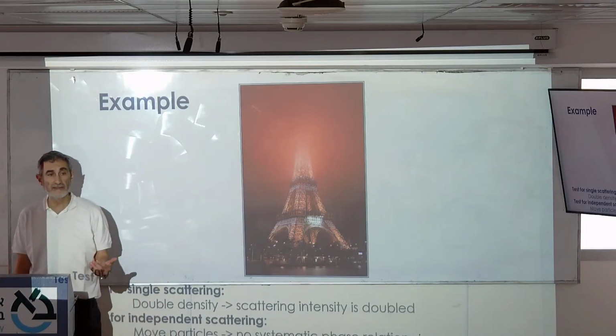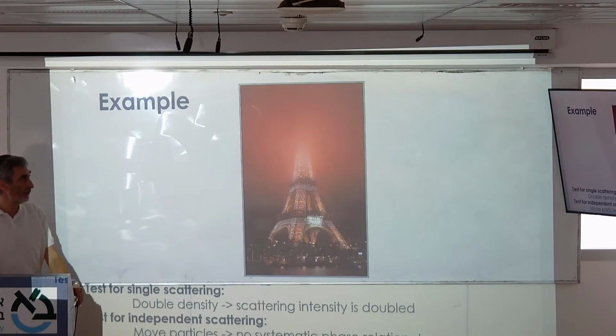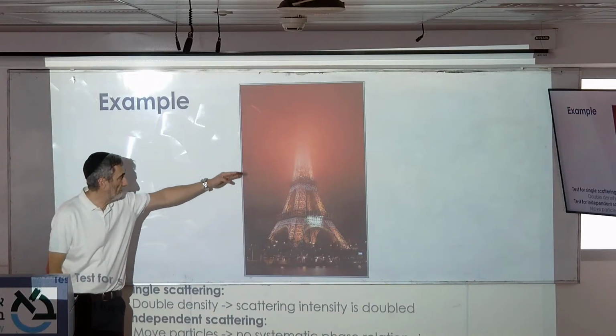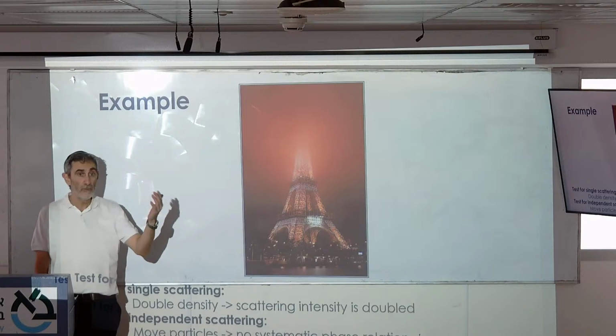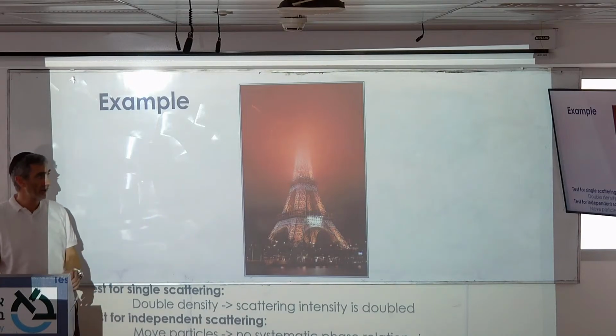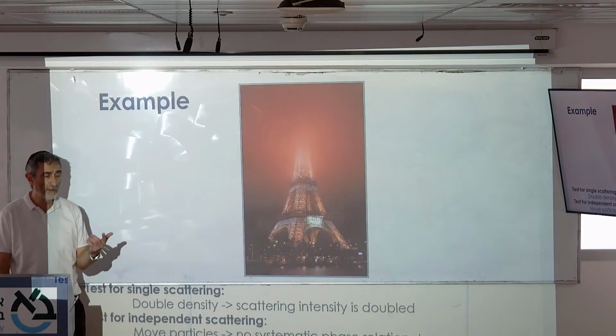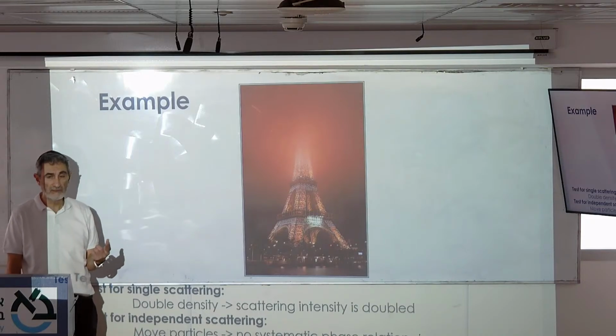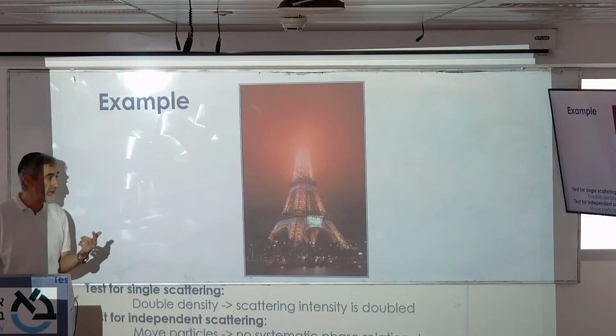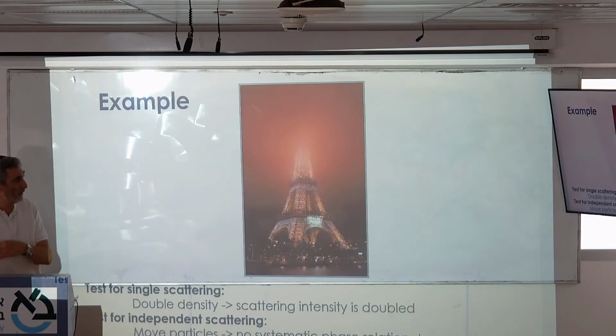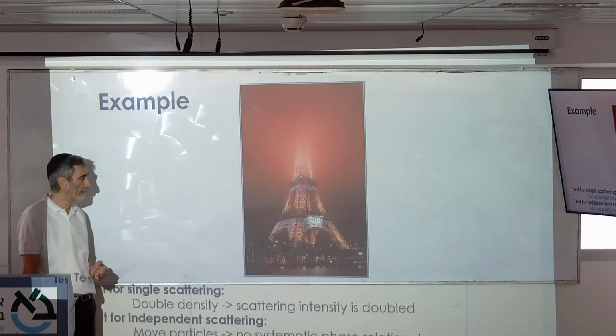If you double the density of the system, of the cloud, so you go from this floor to the next one, then the intensity is doubled. You just count once the scattering by one particle. If you double the number, you double the intensity scattered.